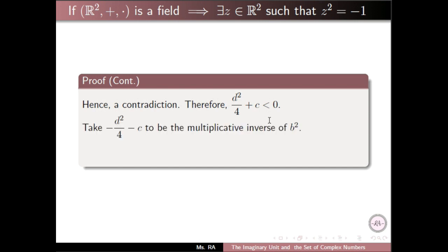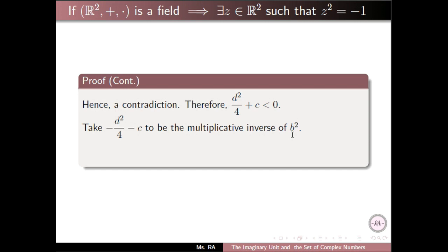Now we are going to take minus d squared over 4 minus c to be a so-called multiplicative inverse of b squared. So if you can still remember, b, c, and d are elements of the set of real numbers, and the set of real numbers is a field, and there is a multiplicative inverse for every non-zero element. b is non-zero, therefore b squared is also non-zero.